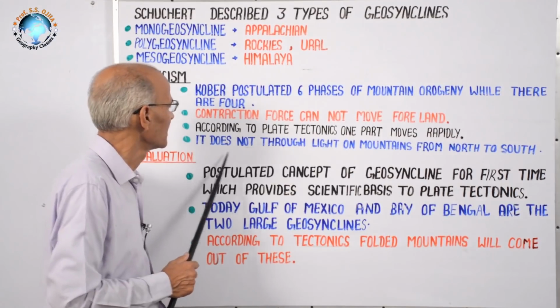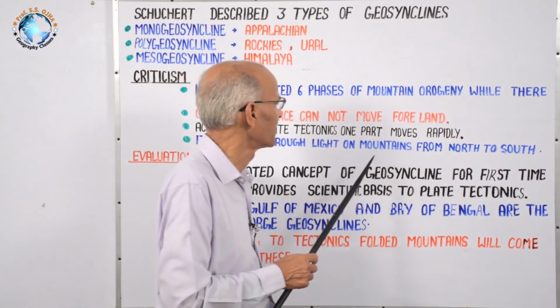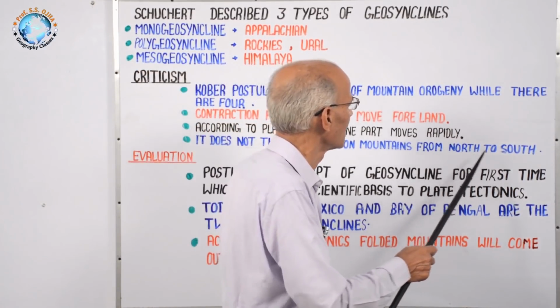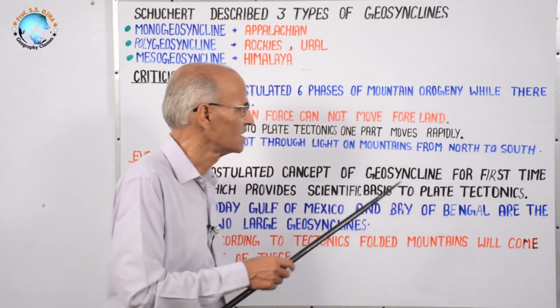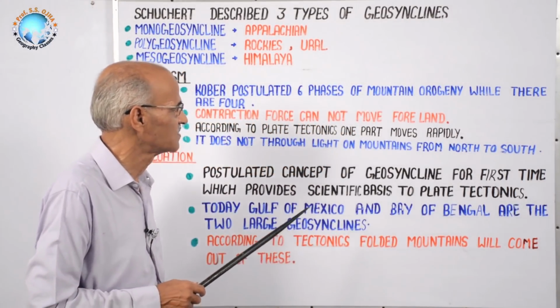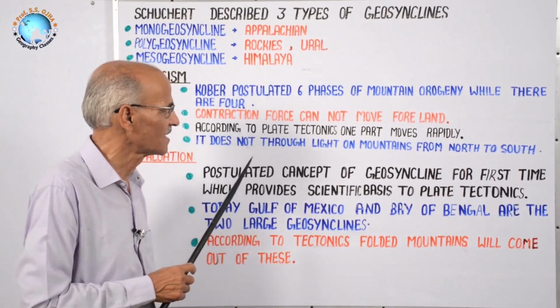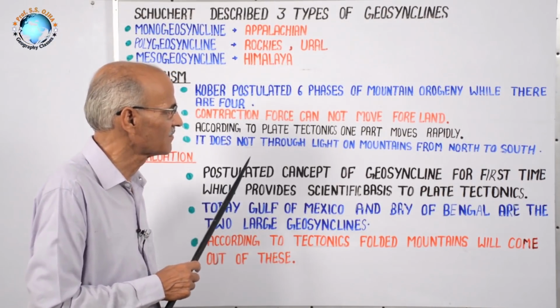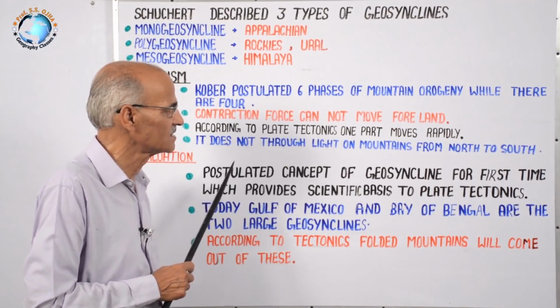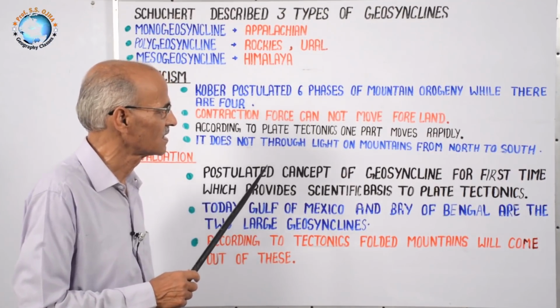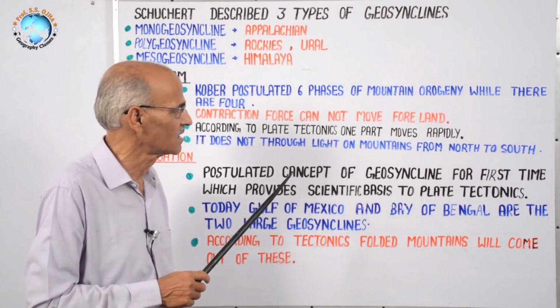Next point is, it does not throw light on mountains extending from north to south. In the previous figure we have seen a number of mountains like Pyrenees, Atlas, Pontic, Taurus, Kunlun, Himalayas.